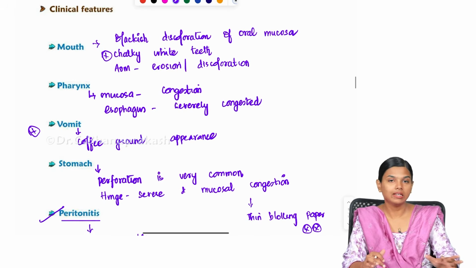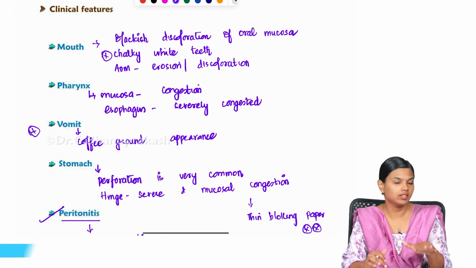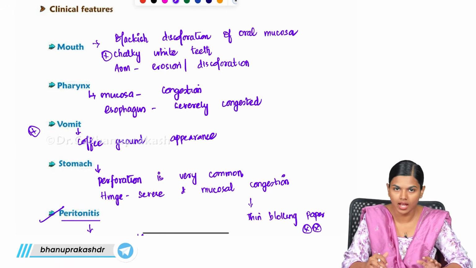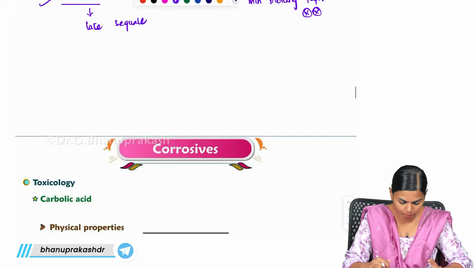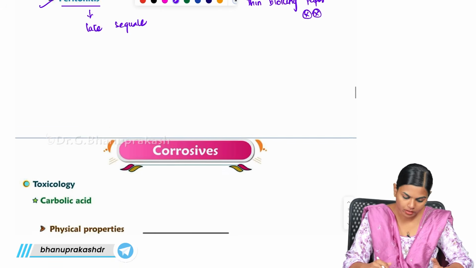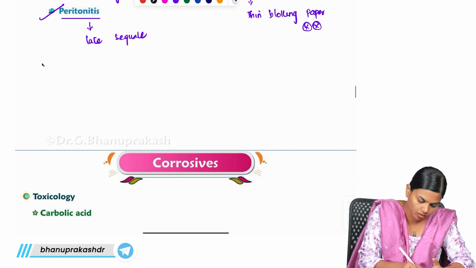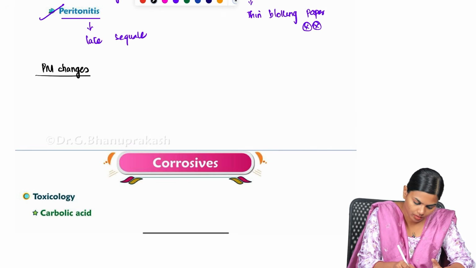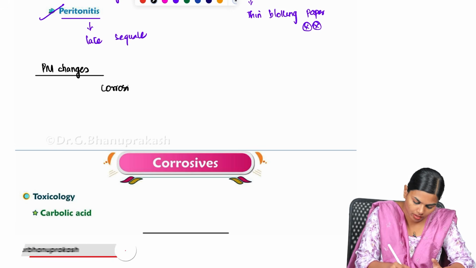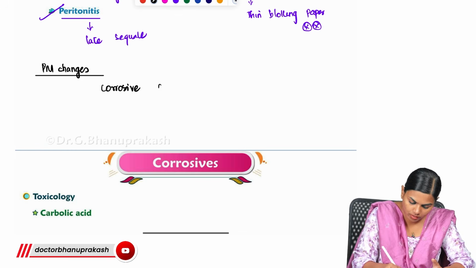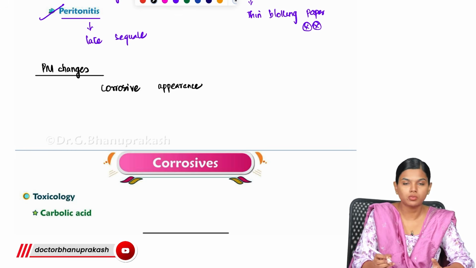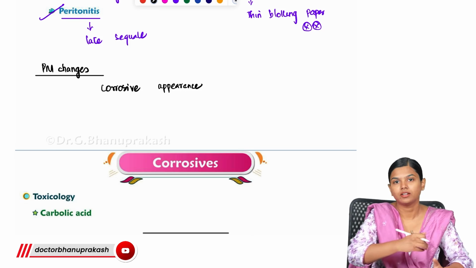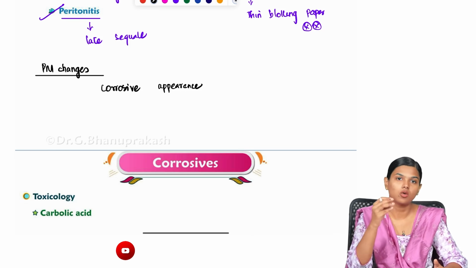These are the clinical features of sulphuric acid, and they are usually asked as a question in the exam. Apart from that, in the postmortem period, you will be able to see all the corrosive appearance. Postmortem changes, like I told earlier, will all be similar: how the stomach, mouth and esophagus will look.